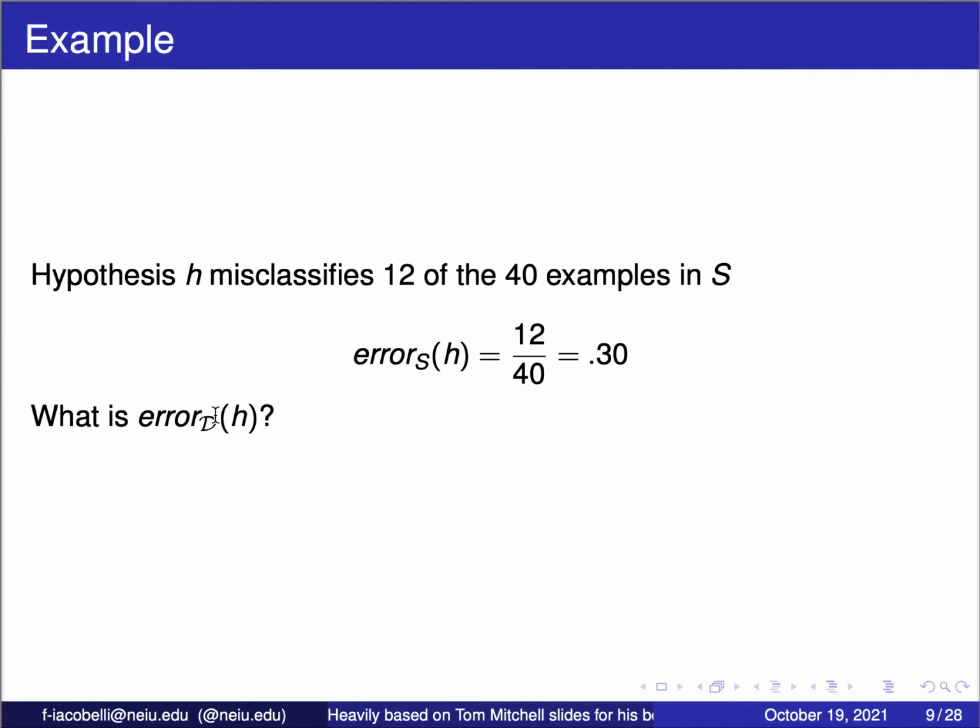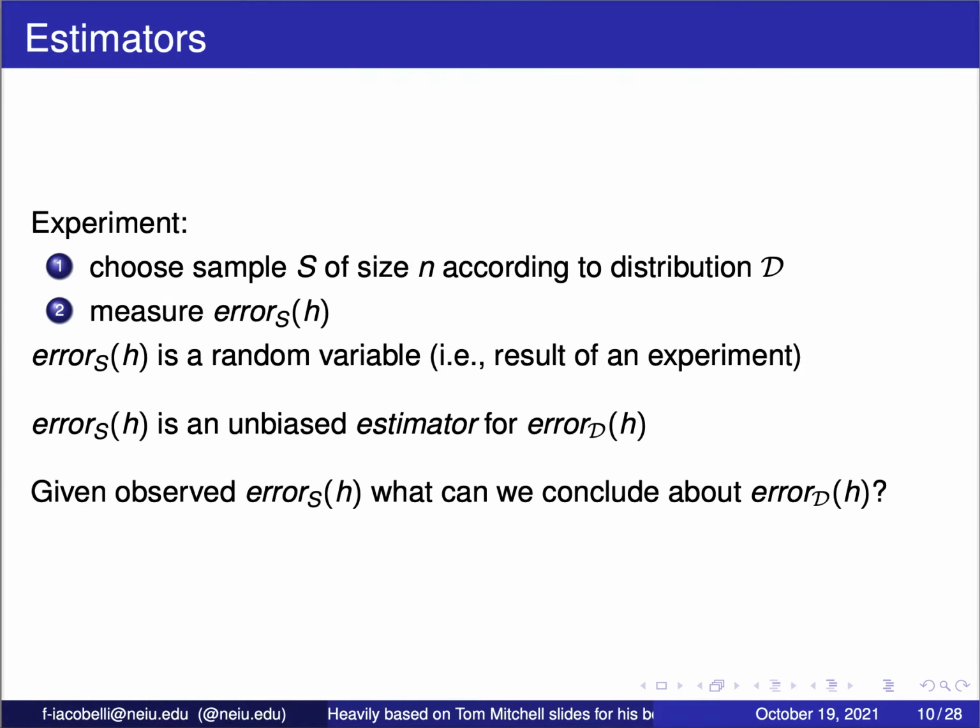What would be the error in the world? Well, we do an experiment. We choose a sample S of size n according to the same distribution that governs the data. We measure the error, right? And we're going to do some statistics.